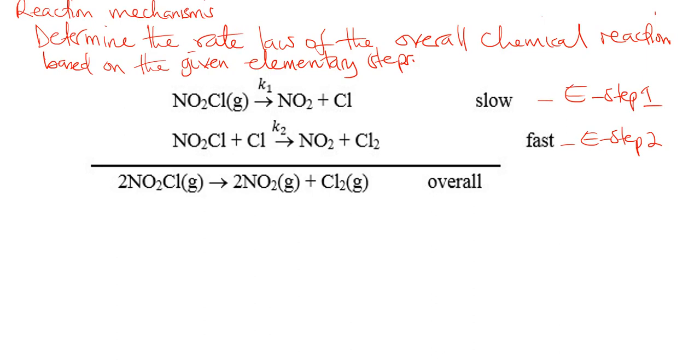So let us take note of these two steps. We have a slow step, which is this one, and we have a fast step, which is that one. So the question is, what is the rate law of this reaction?